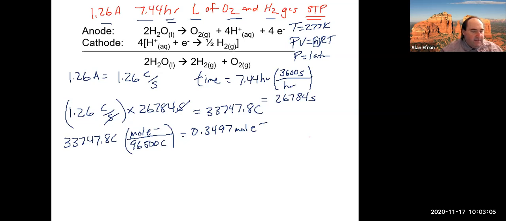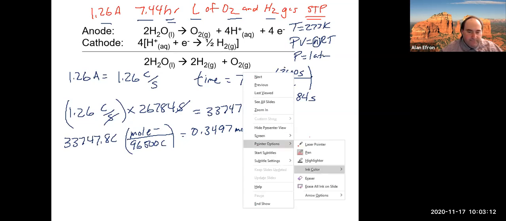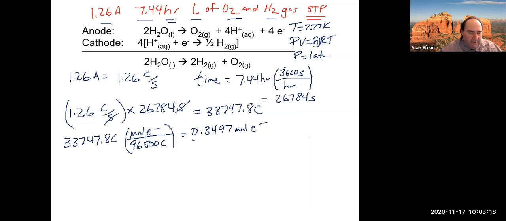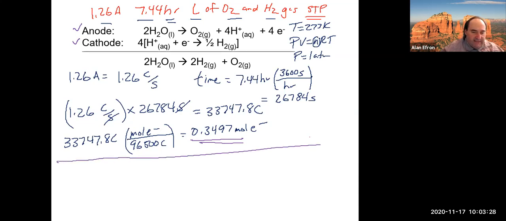Any questions so far on this calculation up to this point? Now, the purpose of doing this calculation up to this point is to get to the moles of electrons, because that's going to allow us to use our half reactions up here to go from moles of electrons to moles of each of the gases.